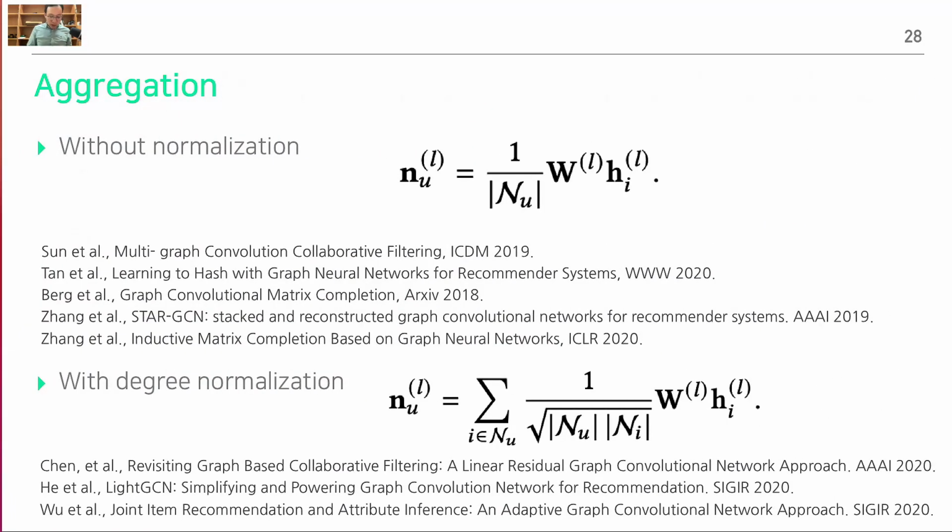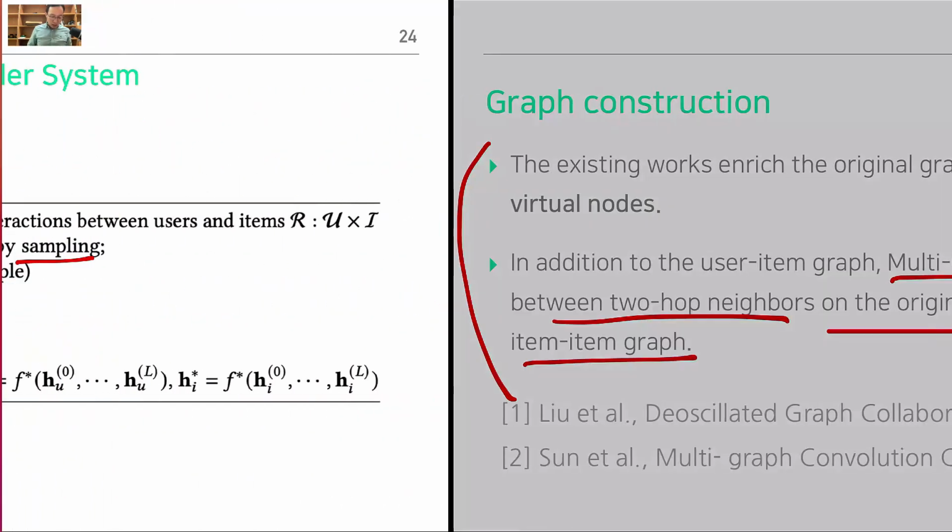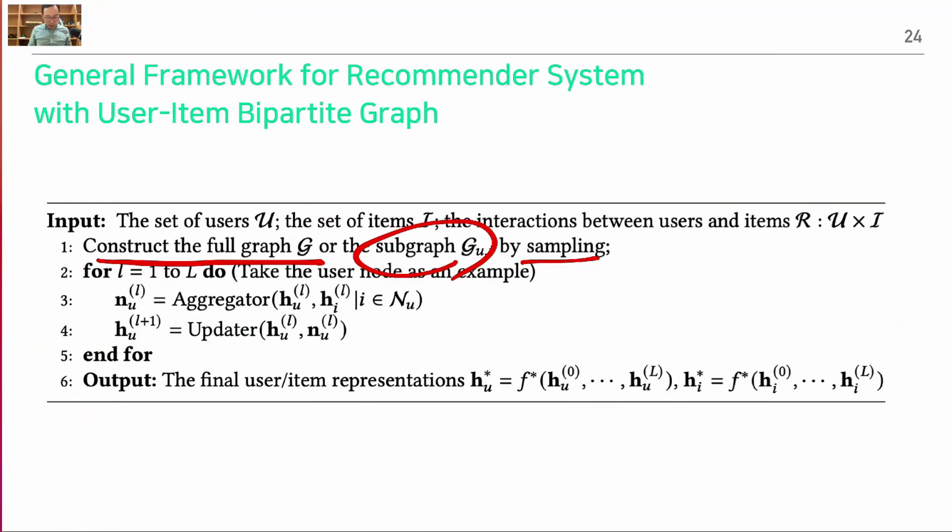So what about the aggregation? We have looked at several example cases about the graph construction. Now we have another design choice for the aggregator. The aggregator decides the neighborhood representation.